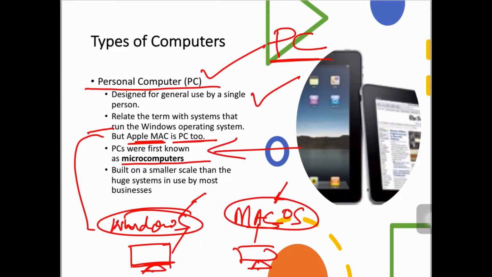People used to use microcomputers in the 80s and 1990s. They are built on a smaller scale than the huge systems used by most businesses. So whatever you see in your office or home, where you have one box, the CPU, and then the screen, we call it the personal computer. Very basic, I know, but as I said, we have to take along the people who have absolutely no background in computing.